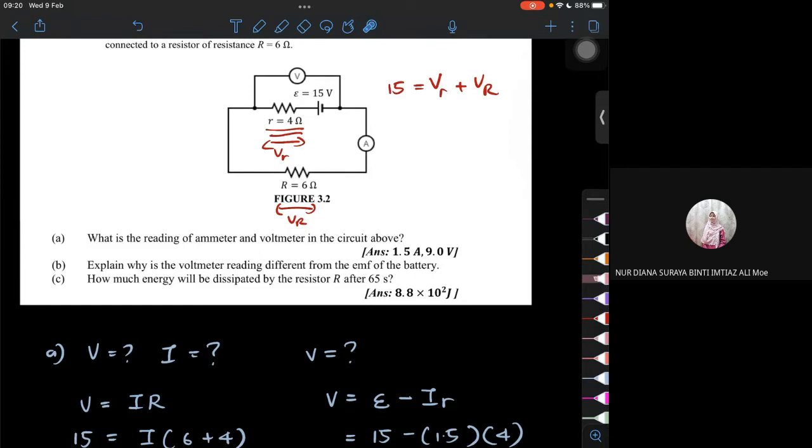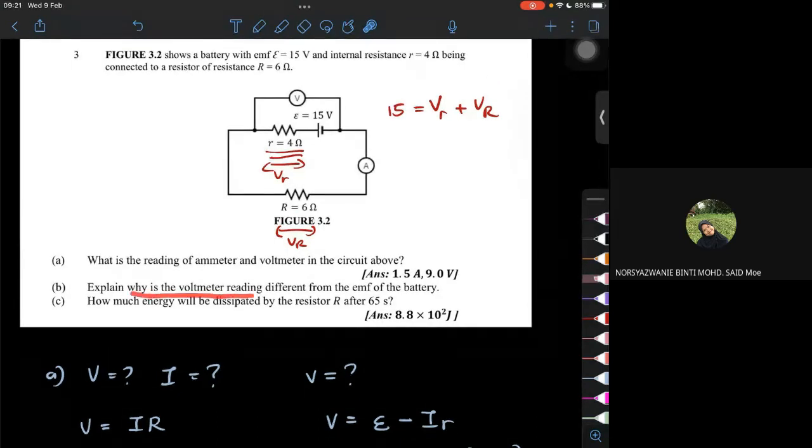Hamizan ada? Hamizan tidak. Syazwani? Syazwani, are you there? Syazwani boleh dengar Miss cakap? Ya, Miss. Okay, can you explain why is the voltmeter reading different from the EMF of the battery?